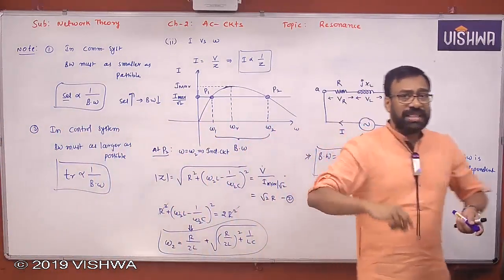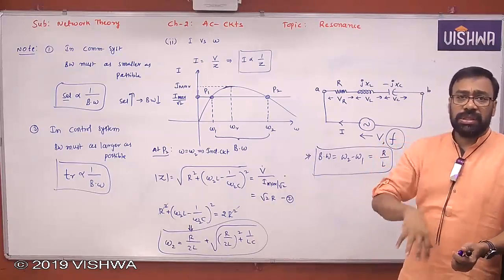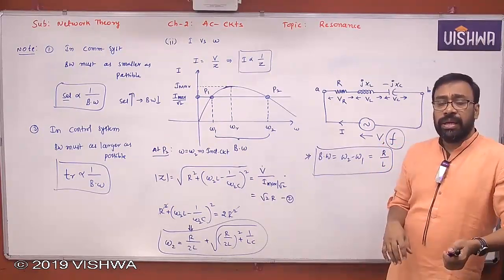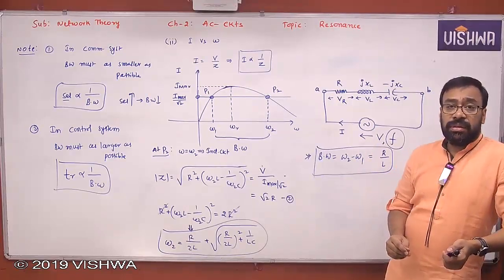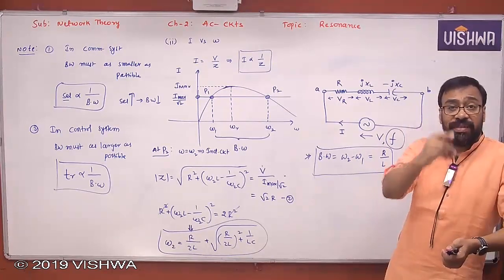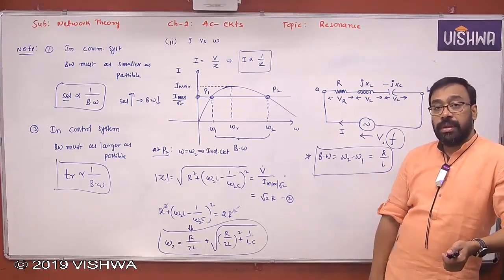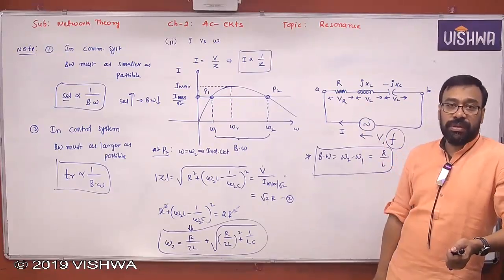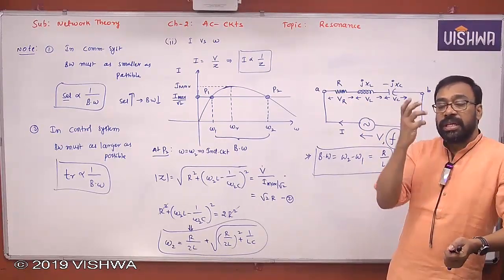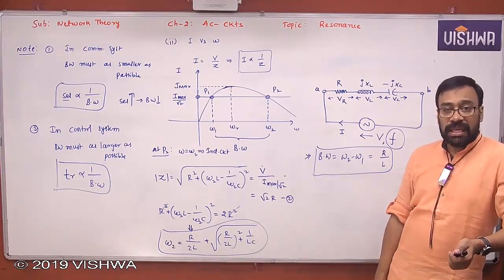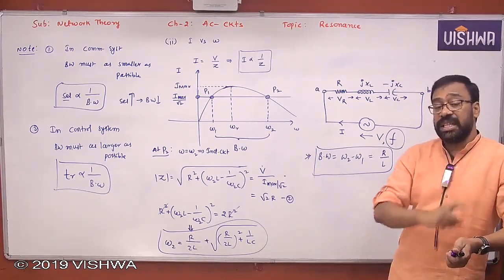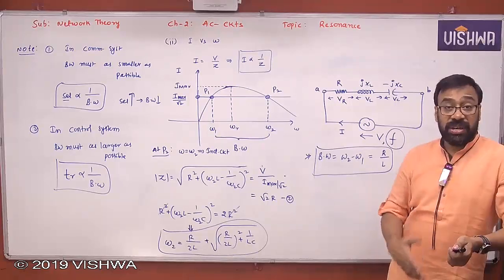What is the rise time actually of any control system? How do you define it? It's the time taken for the response to reach 100% of the final value in the first attempt. That means the response must be very fast. Once you give an input, the response must be fast. Otherwise, the system is called sluggish or lazy. So the system must always be faster in response when the input is given.